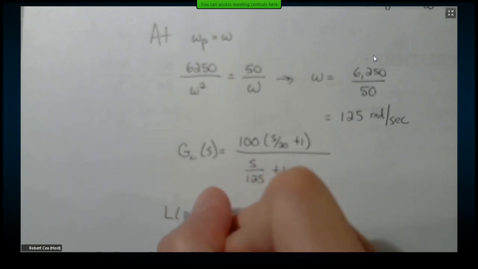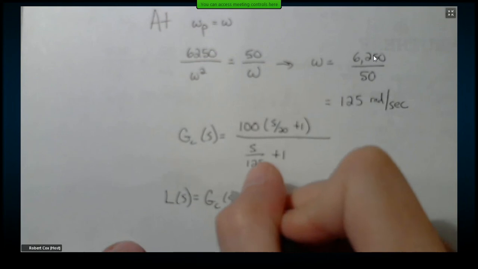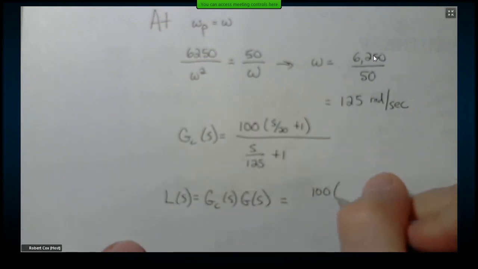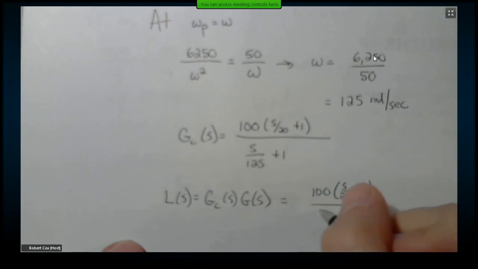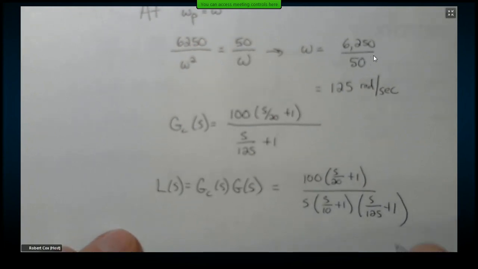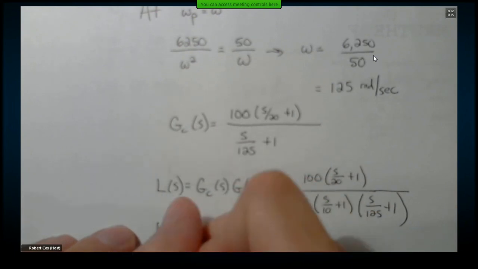If I look at my L of S, my L of S is GC of S times G of S, which is 100 times S over 20 plus 1 over S times S over 10 plus 1 times S over 125 plus 1. And I can, excuse me, do the Bode plot for that guy.